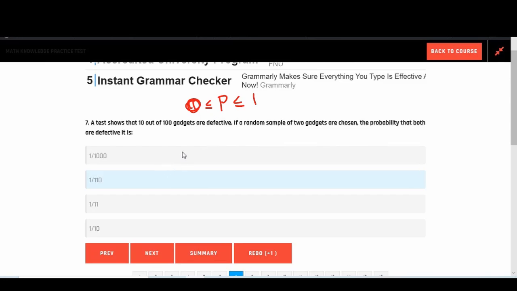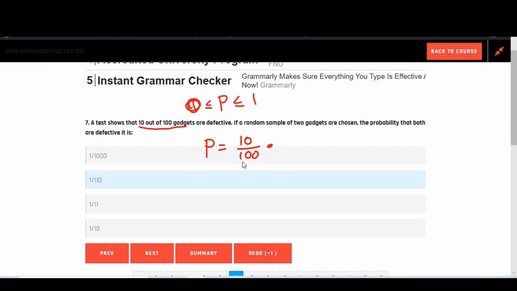In this case, we're choosing 2 gadgets. So to find our probability, we're going to multiply these 2 scenarios together. The odds of the first gadget being defective is 10 out of 100, as it tells us right here. And then we're going to multiply that by the odds that the second gadget was defective.